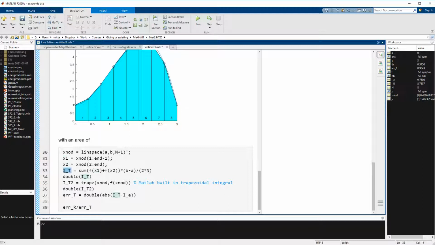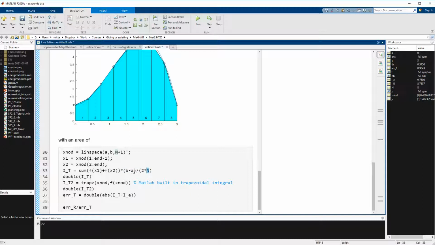And the integral formulation here, I_t for trapezoidal, is just the sum of f of the first, so we are evaluating the function in all of our start points, plus f of all of our endpoints, and then times the actual range here, which is varying with n.